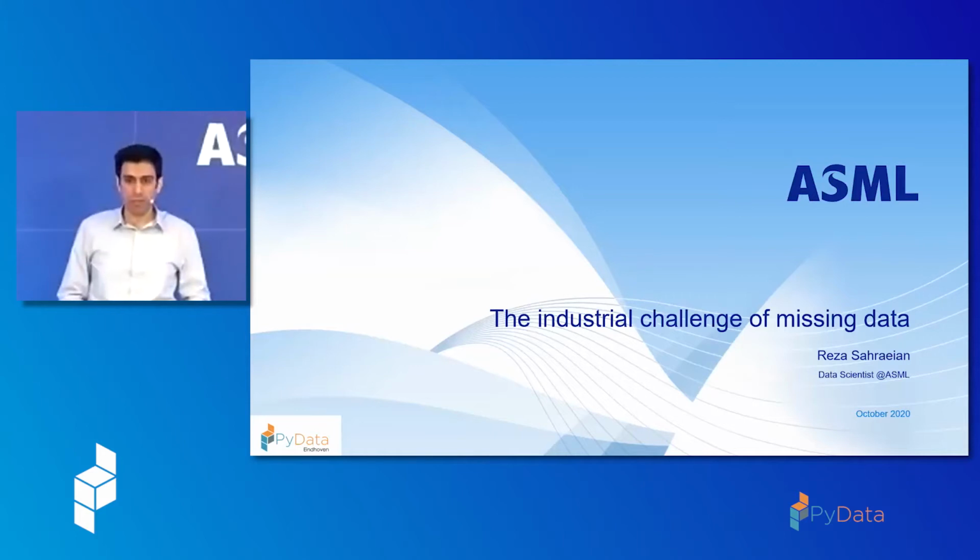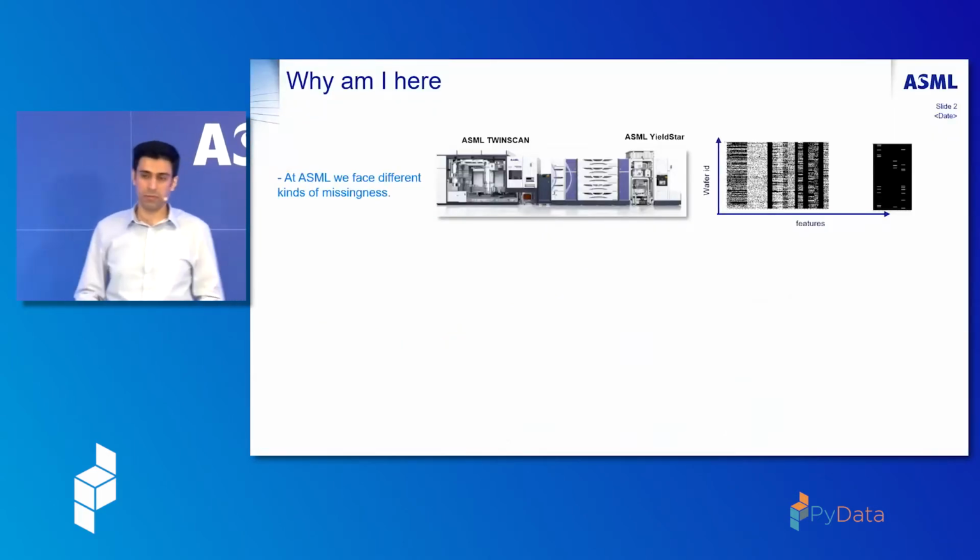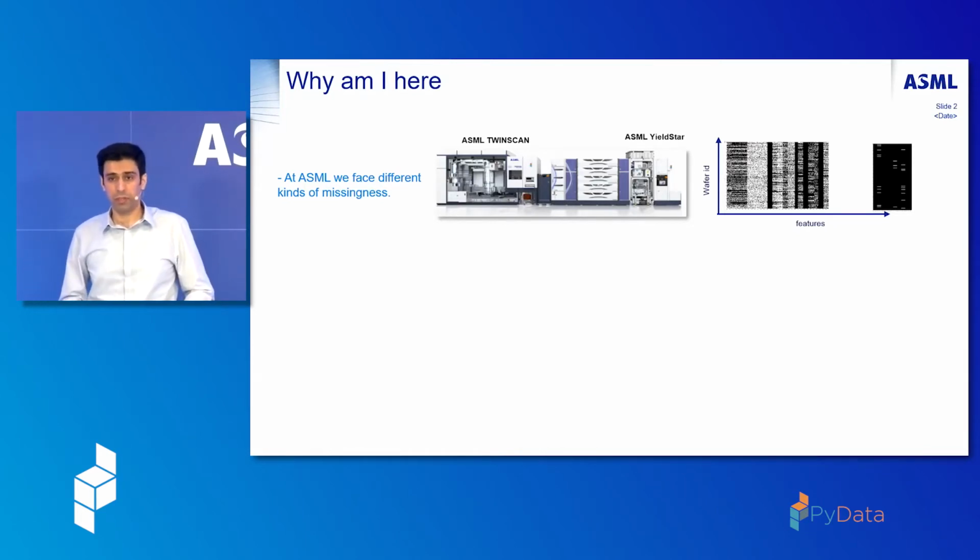Today in this presentation, I'm going to talk about one of the most common challenges that you may face so long as you work with real or industrial data, and that's missingness. The reason I've chosen this presentation is that, first of all, as someone who works with ASML, we work with a lot of missing data.